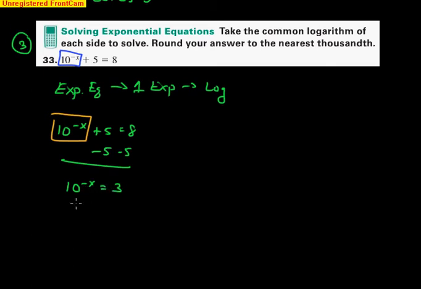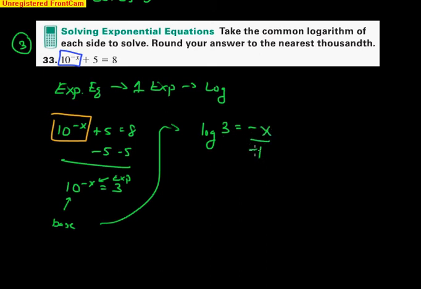And now I'm going to take the log for this problem. Because the base and the exponent are alone, the log here would be base 10. So the base is 10. The exponent is the negative x. So when I rewrite this, it's going to be log base 10. Now log base 10, I don't have to put the 10. Log base 10 of 3 equals negative x.